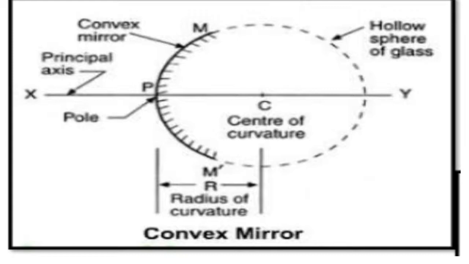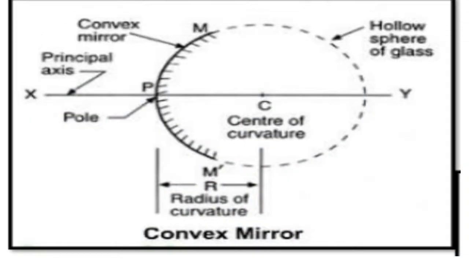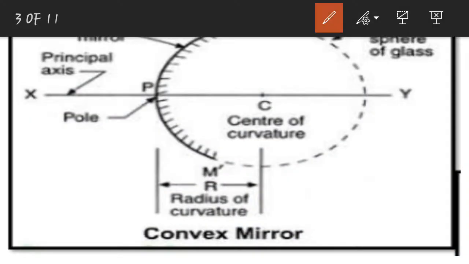Now we will be studying the terms related to this mirror. As you can see in the picture, this is a sphere. From this sphere we have taken a small portion to be used as a mirror.